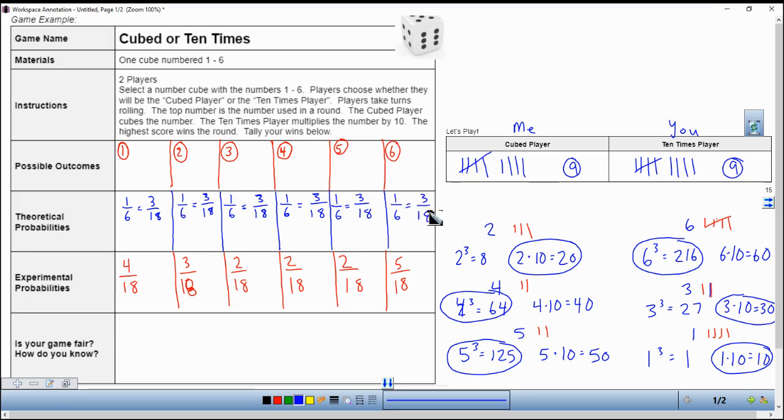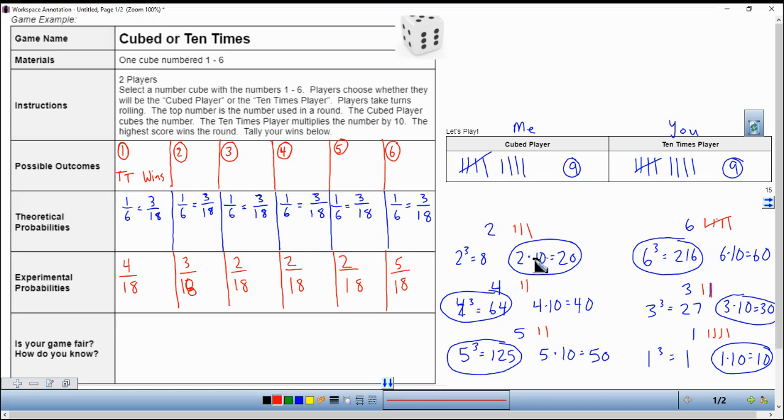Now, to determine whether this is fair or not, we have to look at when one player would win and when another would not win. Okay, so possible outcome. If we rolled a 1, who won? 10 times player would win. So I will say 10 times wins.